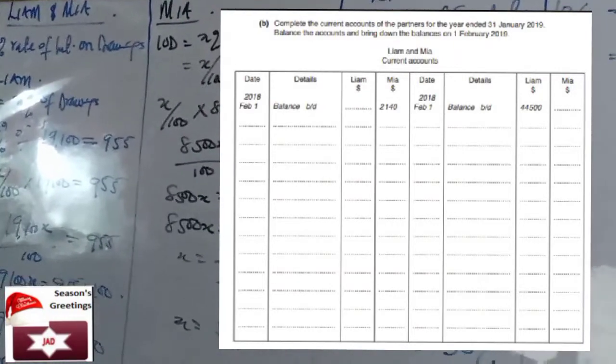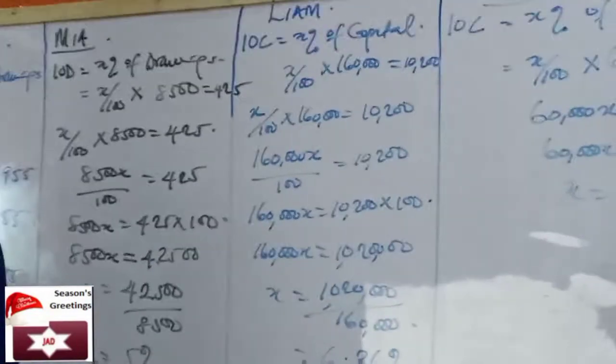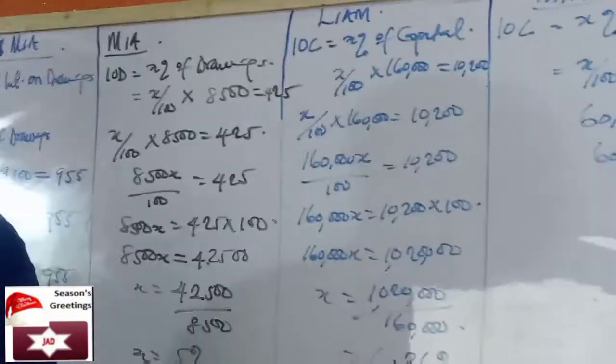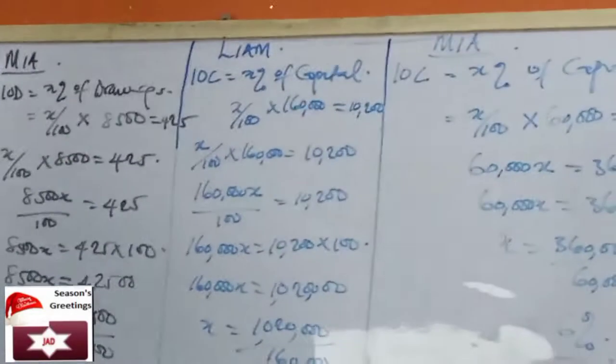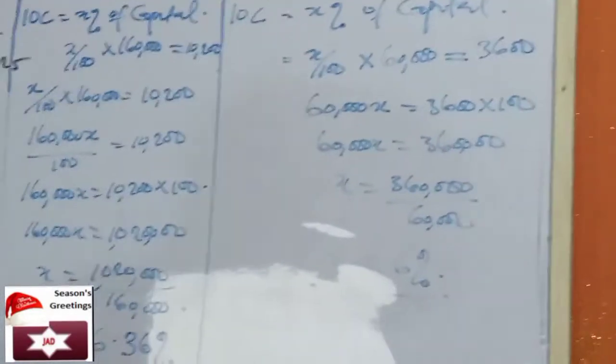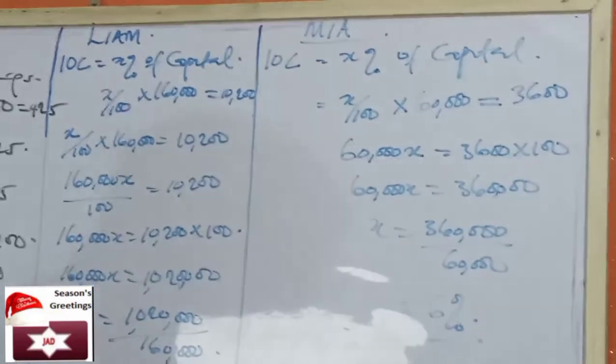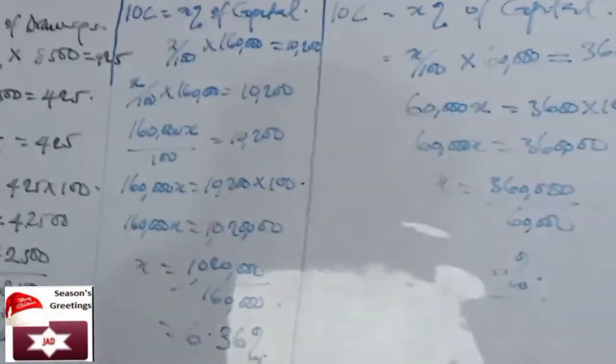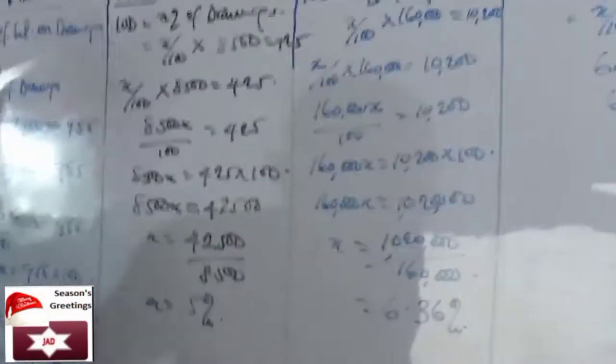So they're giving us a form of the table, the way they want the table to look. So I think that is IGCSE's approach. They will normally guide you on how they want you to prepare the account. So they're giving us a sort of format that we should follow, which we will do right now.